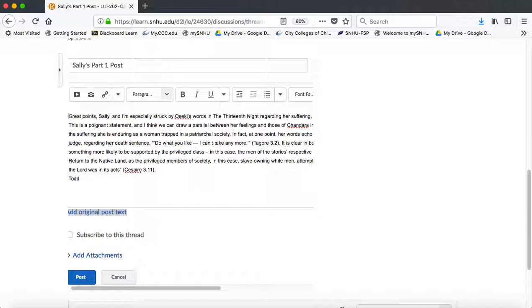It is clear in both of these stories that tradition would be something more likely to be supported by the privileged class, in this case, the men in the stories' respective societies. We see this too in Notebook of a Return to the Native Land, as the privileged members of society, in this case slave-owning white men, attempt to justify this tradition by saying that the Spirit of the Lord is in its acts." Signed, Todd, and then I have my works cited.